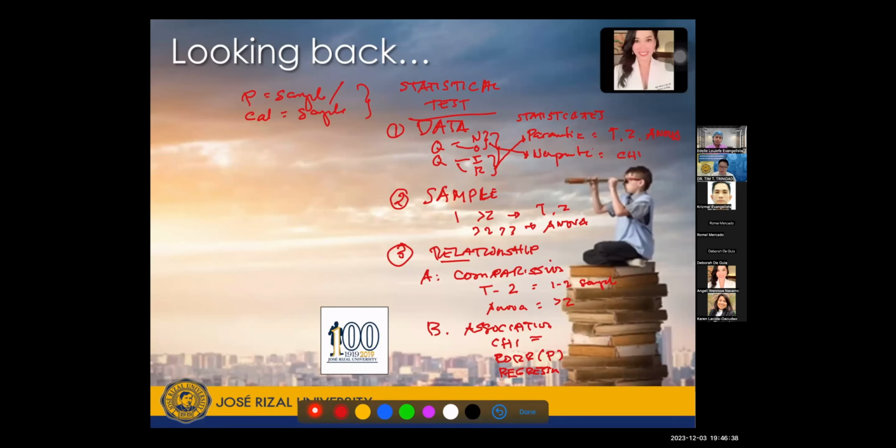Nominal and ordinal. If you want to put people into groups, for example by their gender, it becomes nominal, and you're trying to show the relationship. If one group is related to the other, then you better use the chi-square.